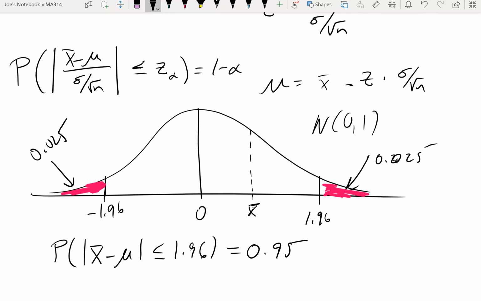With standard normal, I know this for a fact. Oops, I did forget something. Forgot my standard deviation on the bottom. I was thinking standard normal and thinking standard deviation was 1, but I forgot to do a sample, so I still need to divide by the square root of n.